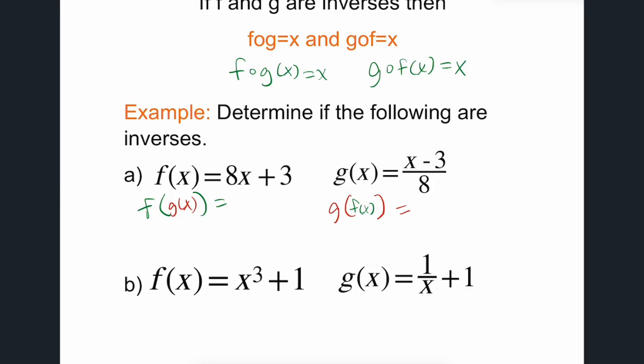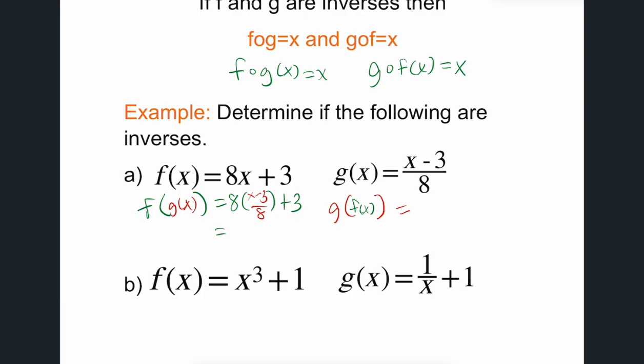So here, we're going to take out the x and replace it with (x minus 3) over 8. Now, when we do that, what's going to happen to the 8's? Cancel out.